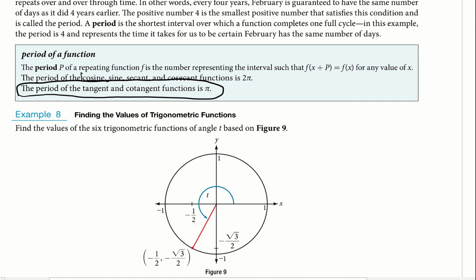Notice the circular ones, cosine, secant, sine, and cosecant, it's 2 pi, so that's a whole circle. So that means after an entire circle, you'll get back to where you started. So they'll repeat every full circle. The tangent and cotangent will repeat every half circle. And that is what is important here, that you understand these repeat in a full circle and these repeat in a half circle.